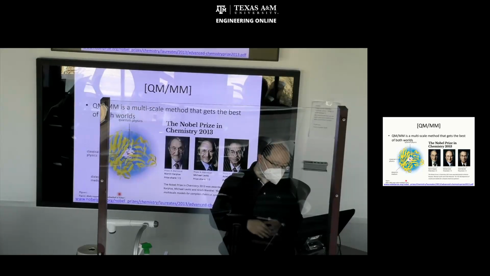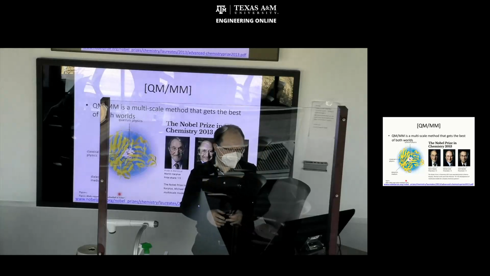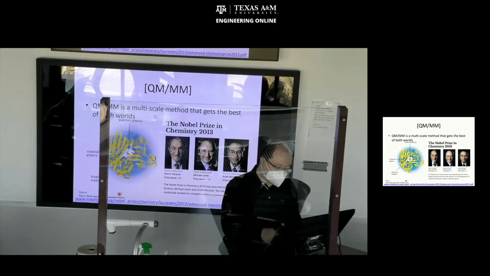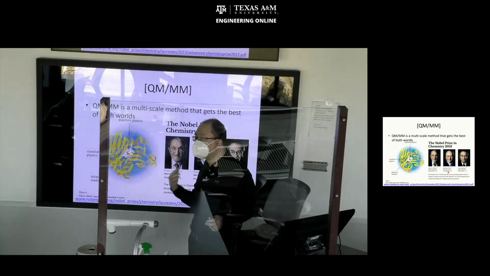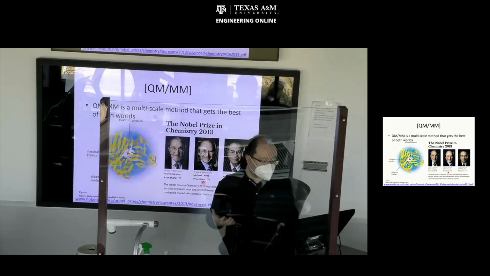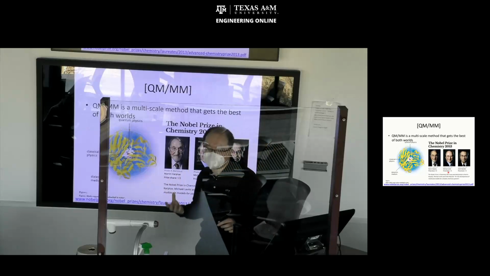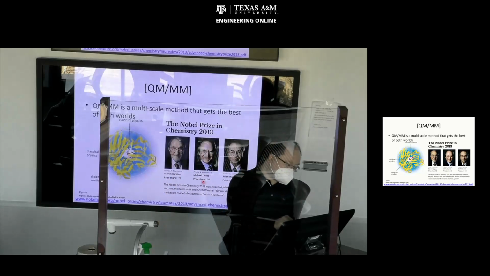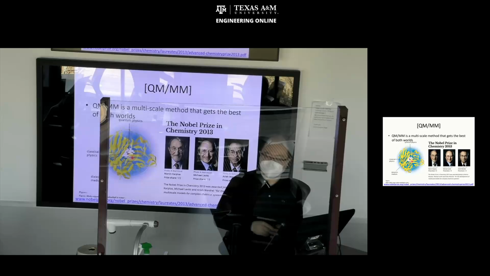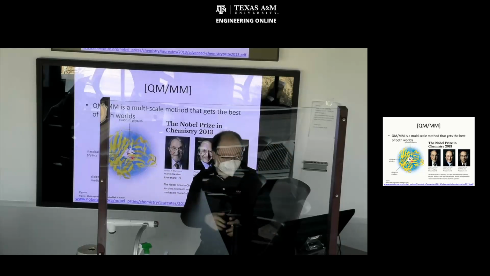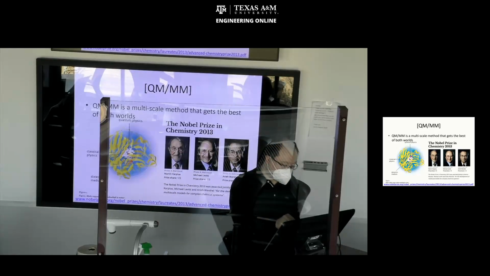So of course, you can get the best of both worlds. Actually, that led to the Nobel Prize in Chemistry 2013. This was given to three computational chemists who developed the force field that can interface the quantum mechanics and the molecular mechanics. It's basically saying that in the very small region where the protein is forming or breaking bonds, we treat it with quantum mechanics.